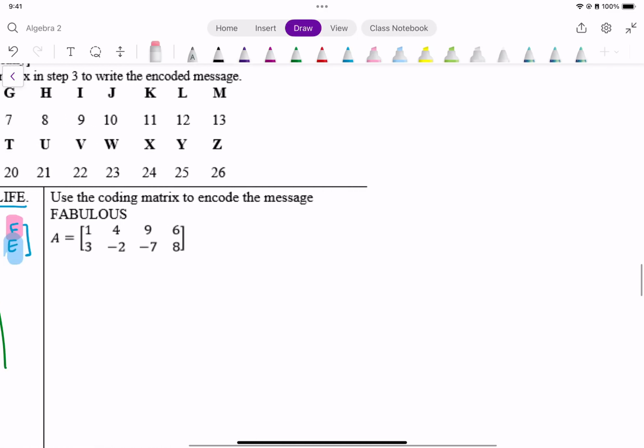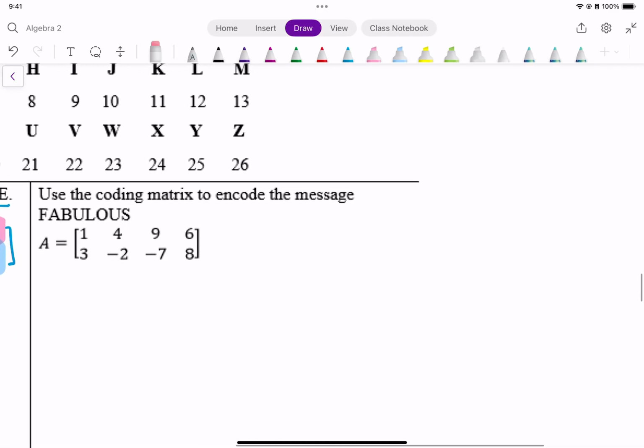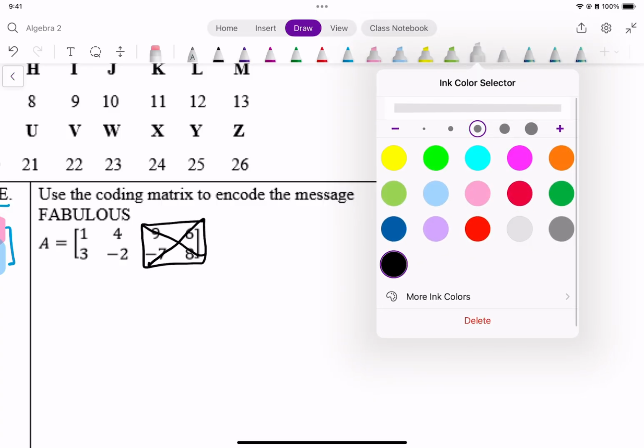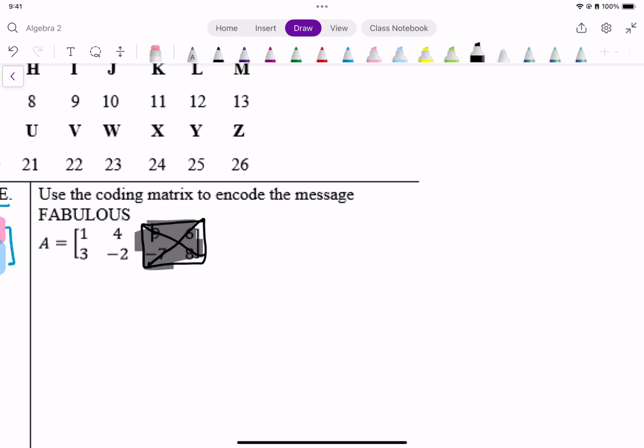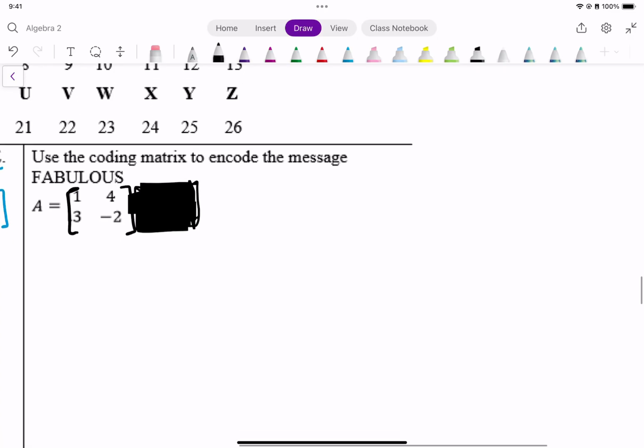Okay, so step 1, let's solve for the word. Now, there is a mistake on this question. We're going to ignore this. We're going to modify the base. Our base here is not going to be a 2 by 4. We're going to stick to a base that is a 2 by 2. So again, step 1, we solve for the word.